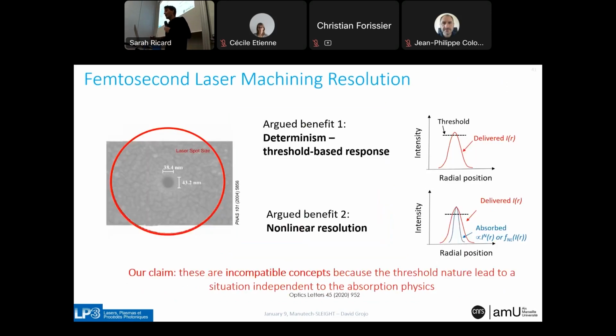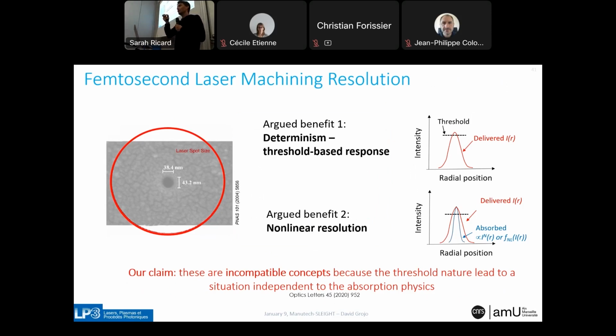There are usually two argued benefits to explain this extreme precision we get. First is the concept of determinism, which consists in saying that when you move from long pulses to very short pulses, you move from a stochastic response of the material that depends on defects to a situation where you create by yourself your defects.